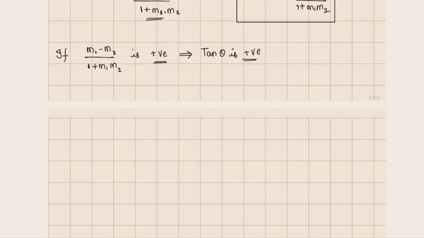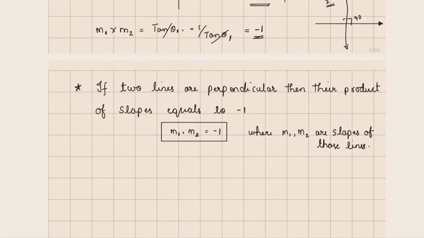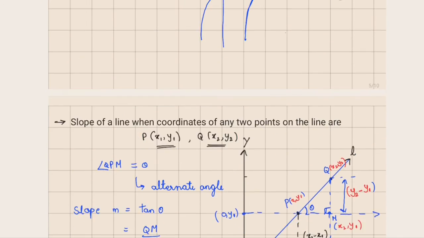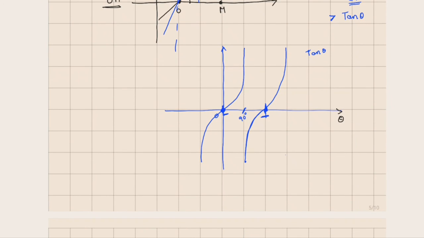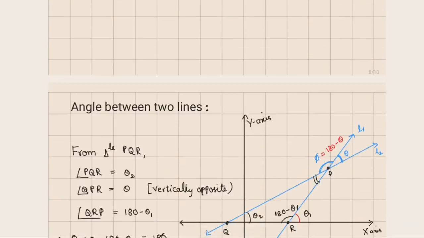As tan theta is positive, and as we know theta lies from 0 to 180 only, that implies theta is an acute angle. We have seen the tan theta curve in the previous lecture. For 0 to 90 degrees it is positive, and for 90 to 180 it is negative, which is the obtuse angle. For an obtuse angle tan theta is negative, and for an acute angle tan theta is positive.